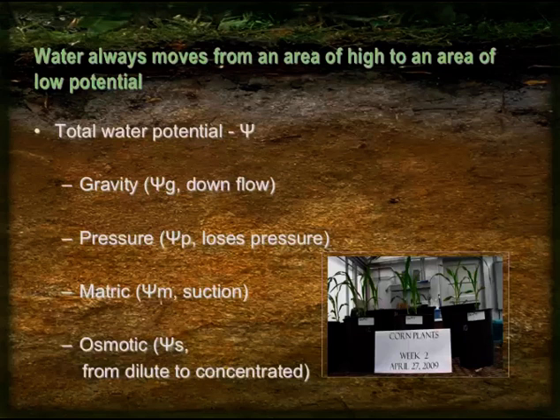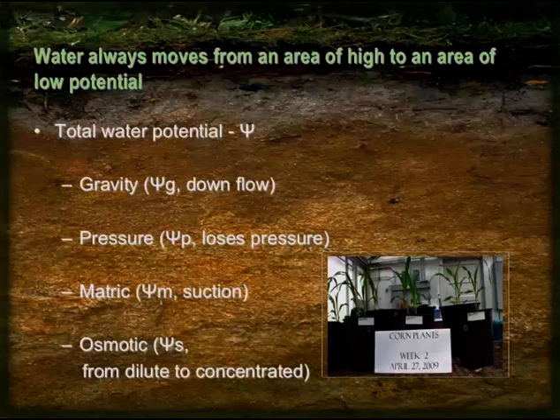So think of it this way. As you go from the soil to the plant to the atmosphere, there is a pressure gradient, okay? And because there is a pressure gradient, that usually means that things flow from high pressure to low pressure.